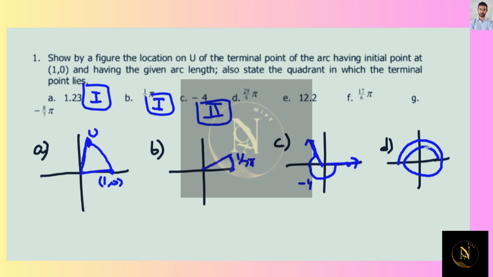Every 4 would be 4 pi over 8. So we've got 16, we've got 24. This would be 28 over 8, and 29 over 8 would be a little bit further than that. And that puts us in the fourth quadrant.